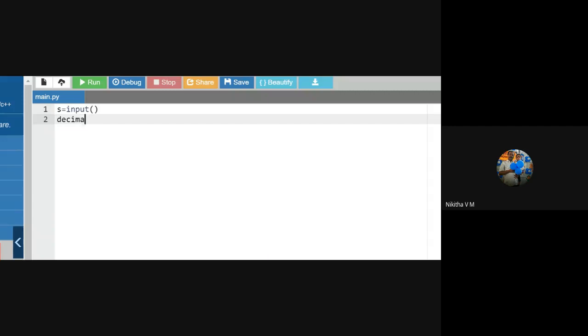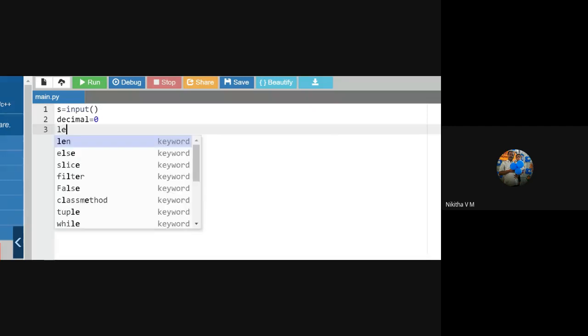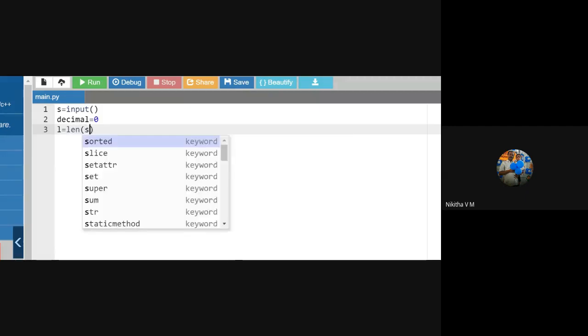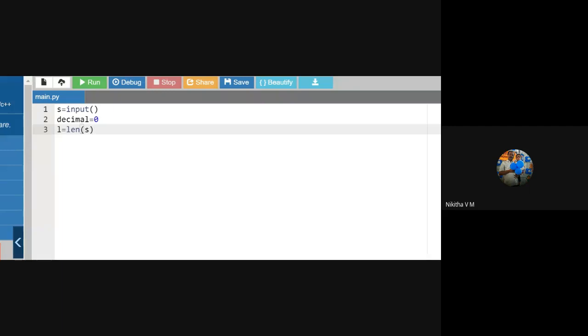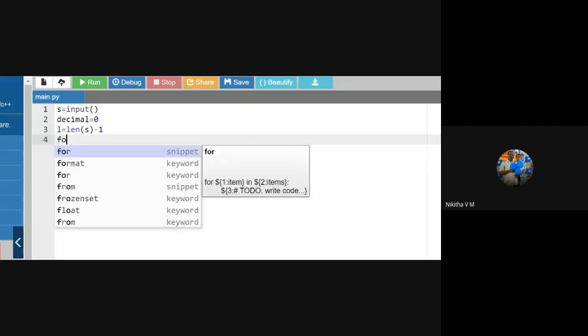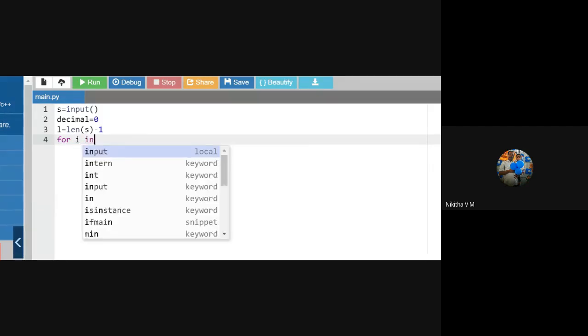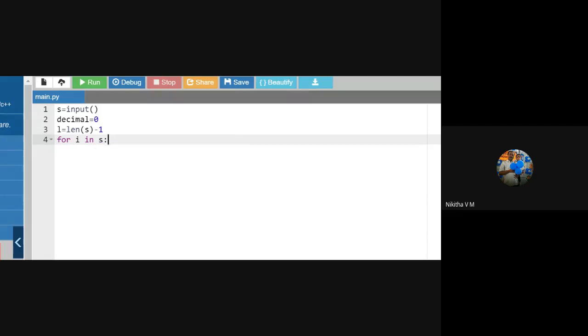So decimal is equal to 0 initially. Alright? Then I have to find the length. But I am not simply finding the length of the string. Let me take L only because len is a keyword. L equals len of S minus 1. Okay. Then I will start my iterations: for i in S.